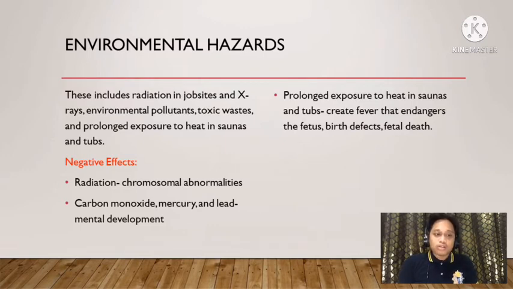Next is carbon monoxide, mercury, and lead. These could have a negative effect on mental development. And next is prolonged exposure to heat in saunas and tubs. These create fever that endangers the fetus, causes birth defects, and could also lead to fetal death.